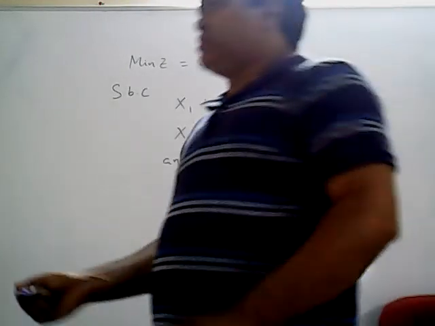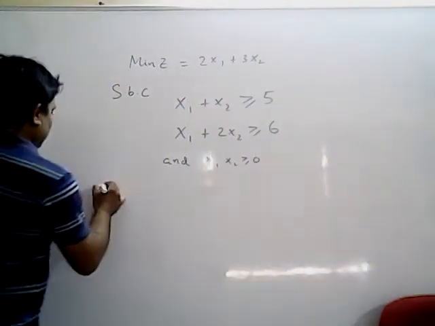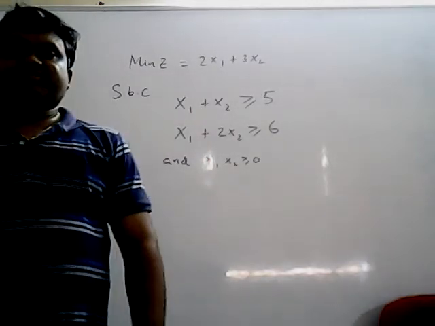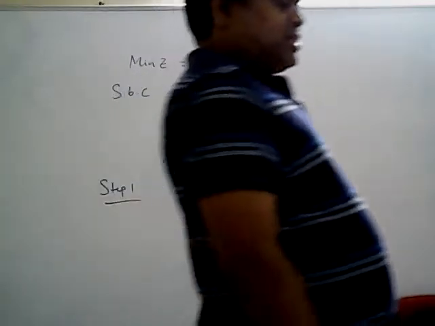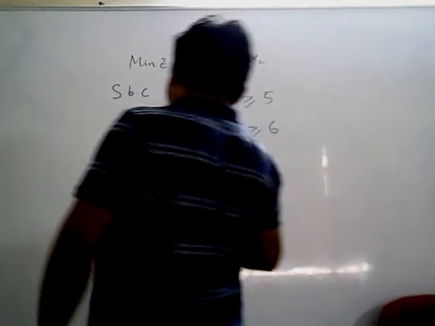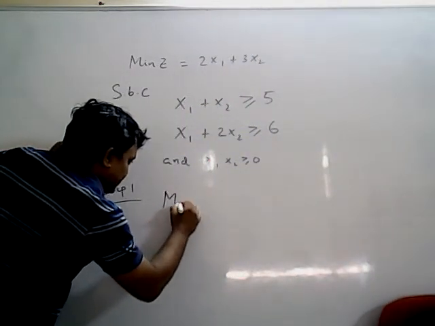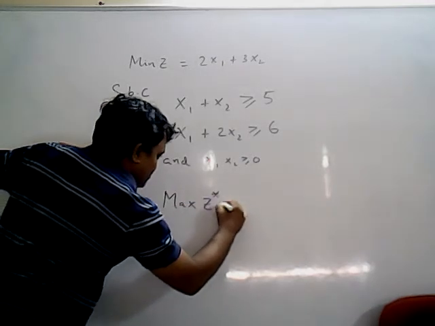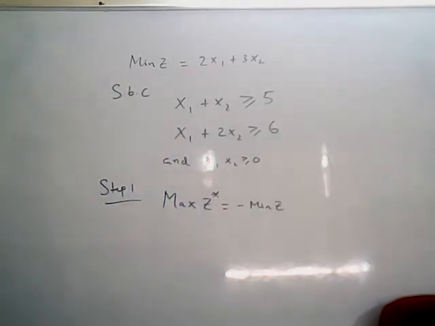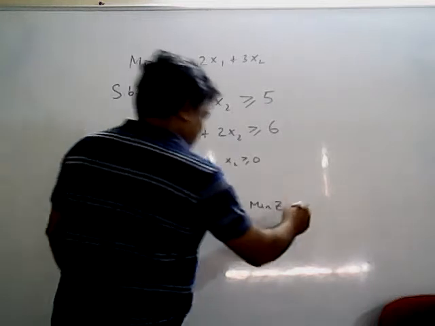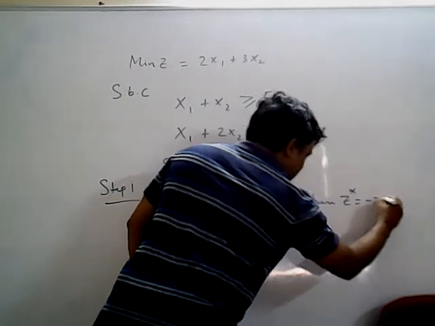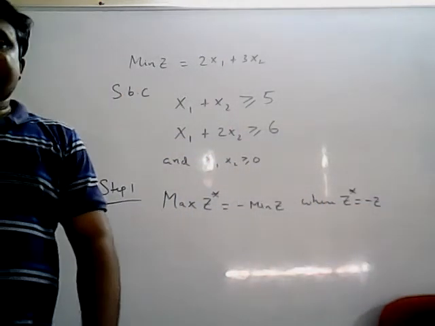Step number 1: convert the minimization into maximization by using the next line: maximum z star equals minus minimum z, where z star equals minus z.